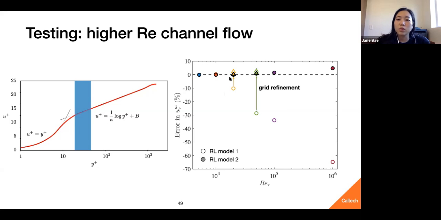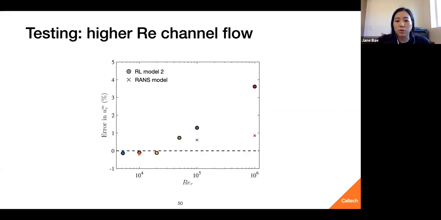So let's focus on the second model, which seems to do well even as we increase the Reynolds number. So if we zoom in, we'll see that here's the error for the second model. It does increase with Reynolds number, which could be expected in some way. But up to Reynolds number of 1 million, we see less than a 4% error, which is still decent. Here we're comparing against the RANS-based model that I explained before.